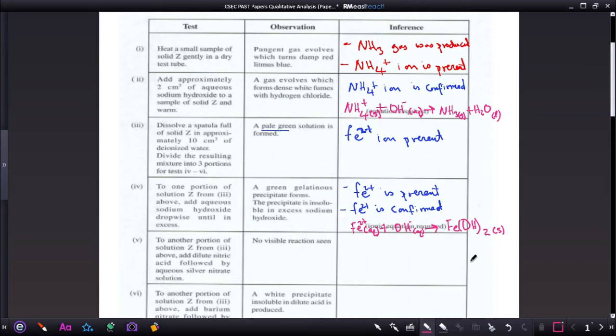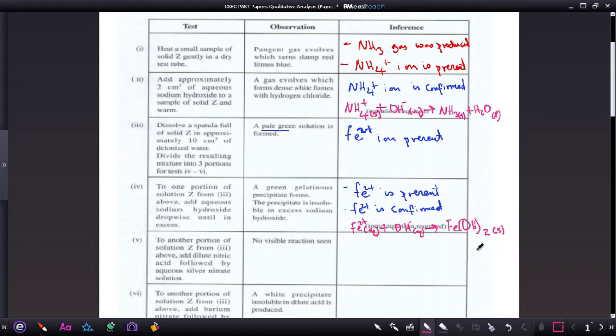If the substance is soluble, then you should put aqueous. If it's a pure liquid like water or a melt, you should put the L. But once it's a precipitate or an element in its pure state, apart from mercury, you know that mercury is one of the few metals that form a liquid at room temperature. Other than that, everything else in its elemental state would be a solid.